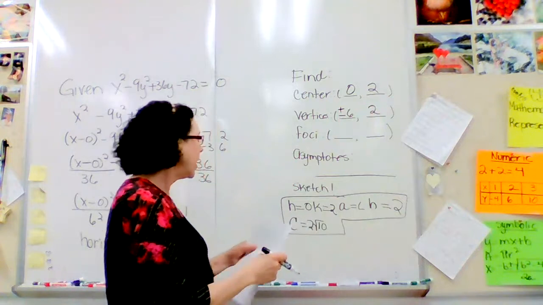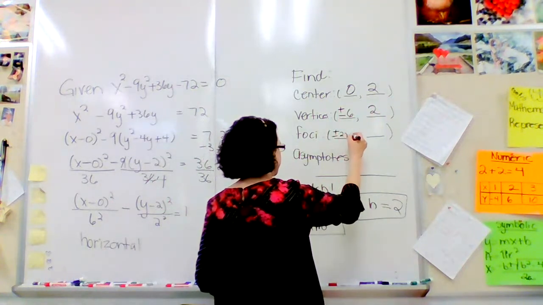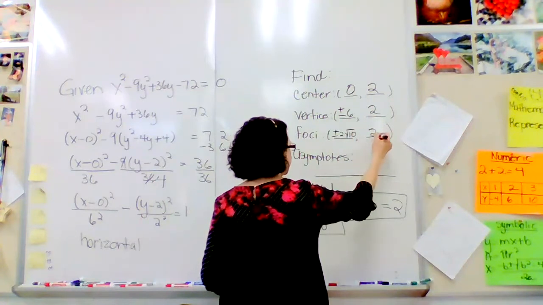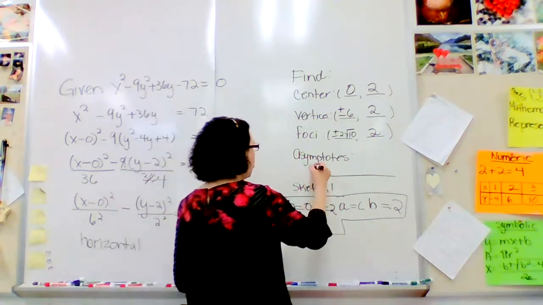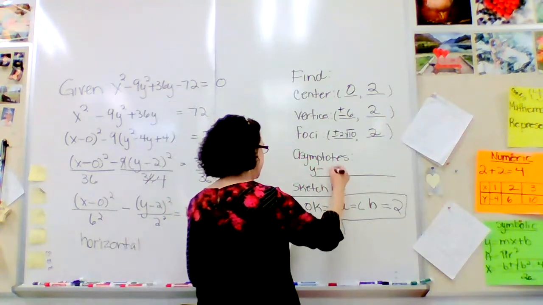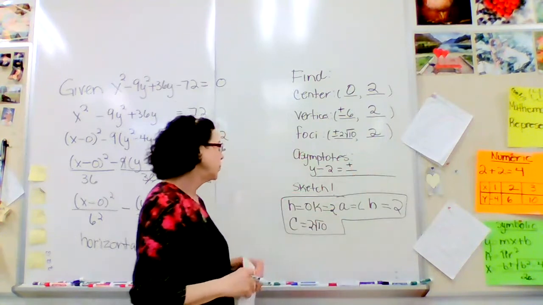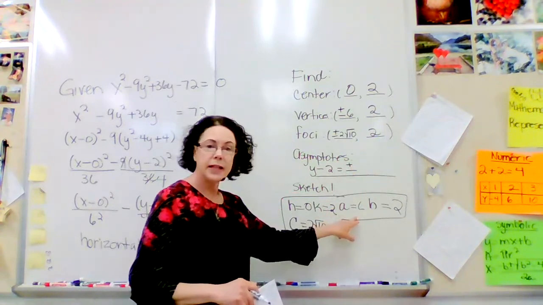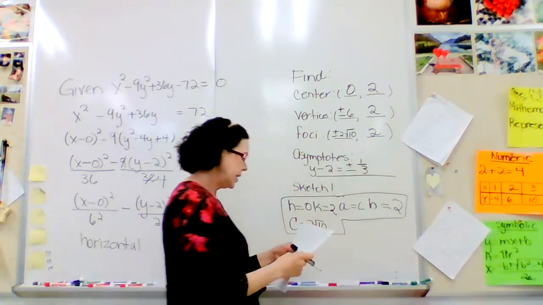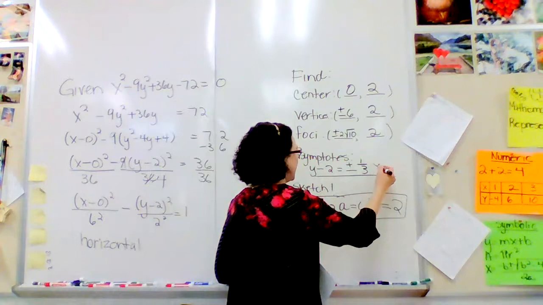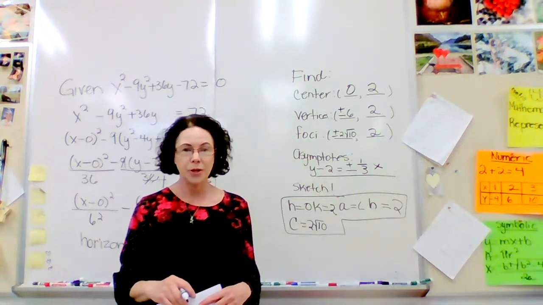The foci are h plus or minus c and k. Here we go. The asymptote would be y minus k equals plus or minus b over a, 2 over 6, which I'm going to write as 1/3 times x minus h, which is x. There we go. And there's the equation for the asymptotes.